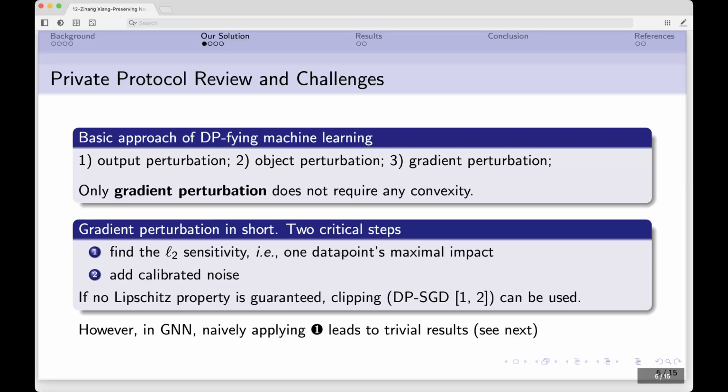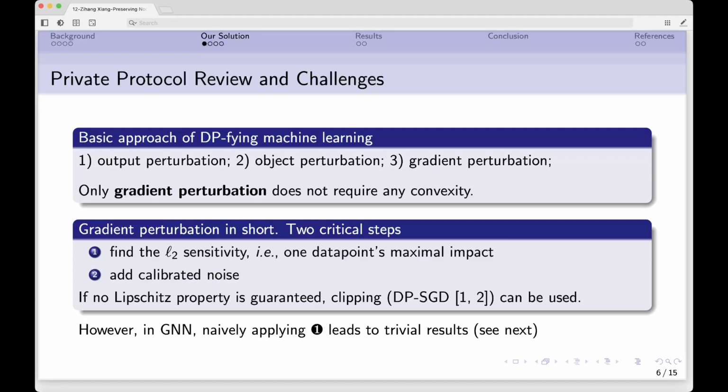Okay, our defense method can be classified into the gradient perturbation category, which does not require any convexity of the loss function, contrasting to the other two, which are output perturbation and objective perturbation methods. So, gradient perturbation can be summarized by two key steps. The first is to find the L2 sensitivity of the gradient, which equals to find the maximal impact up to the removal or addition of one node.